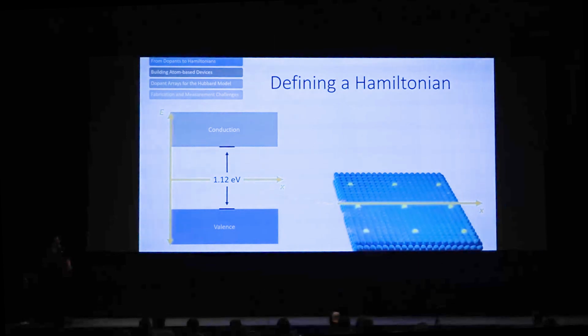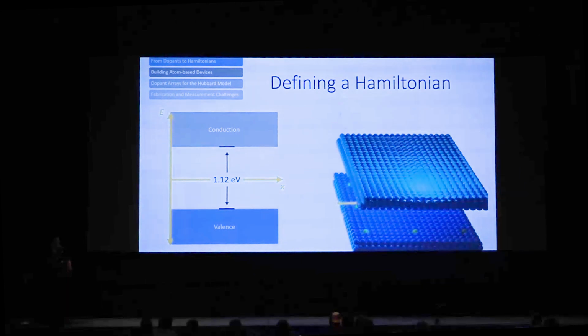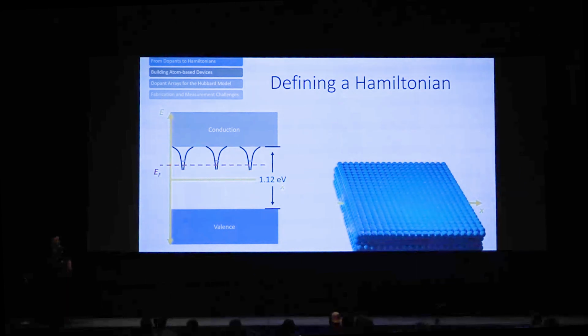And we can imagine putting phosphorus atoms as dopants on a silicon surface like this, where we really try to put them exactly where we want them. And if we now slap some more silicon on top so that those phosphorus atoms are surrounded by bulk silicon, then we have these potential wells that have been spaced out according to whatever it was that we wanted.